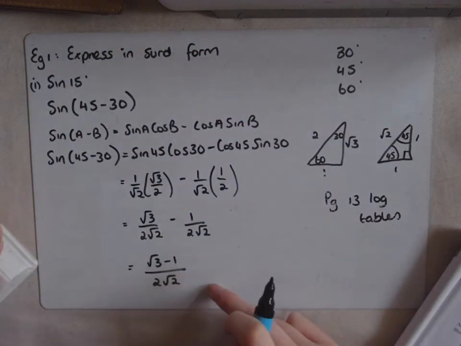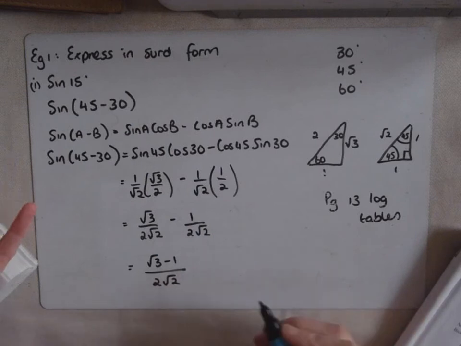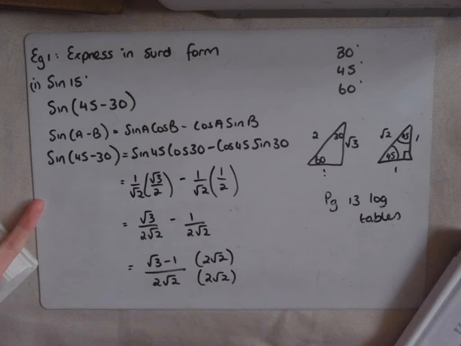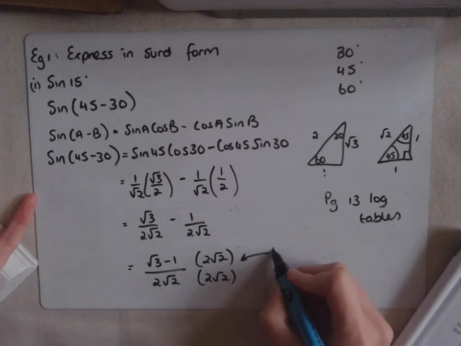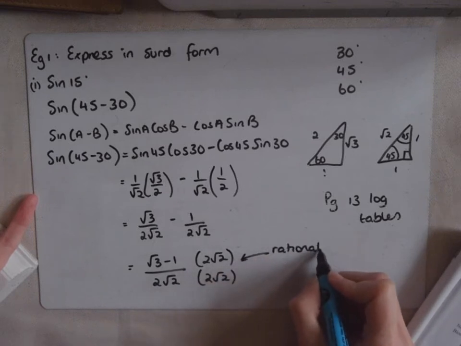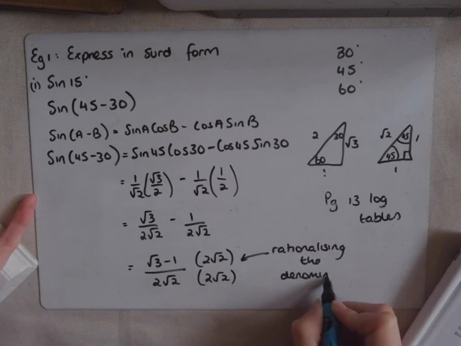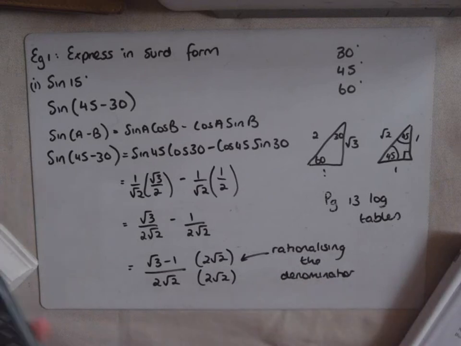That is in surd form. But if they asked you to rationalise the denominator, you'd multiply the top and the bottom by 2 root 2, and you'll end up with no surd on the bottom of the fraction. This would be rationalising the denominator.